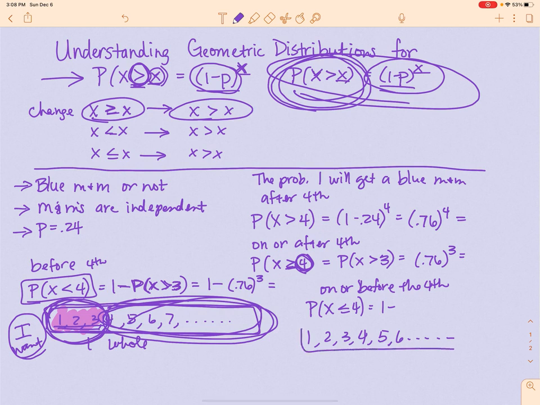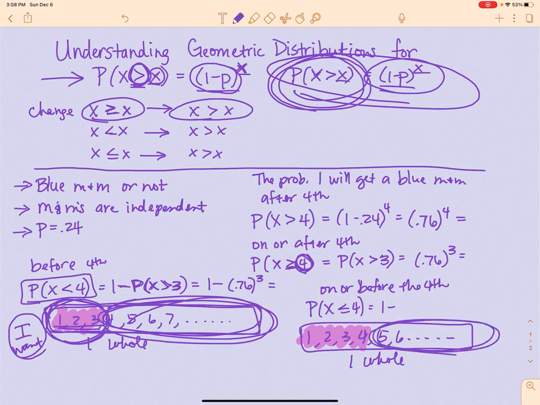So this is the whole thing, one whole possibility. So 1 minus. And remember what I want now. I want 1 through 4. So now I've got to subtract from the whole what I don't want, which would be everything greater than 4. So the probability that X is greater than 4. So 1 minus 0.76 to the fourth.